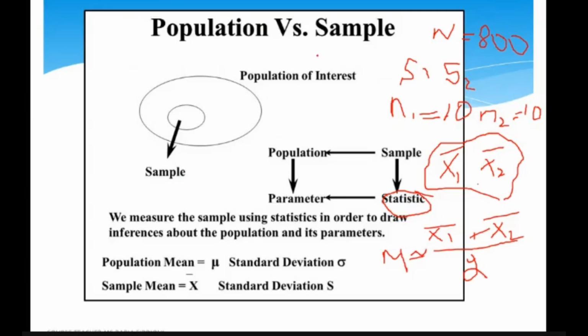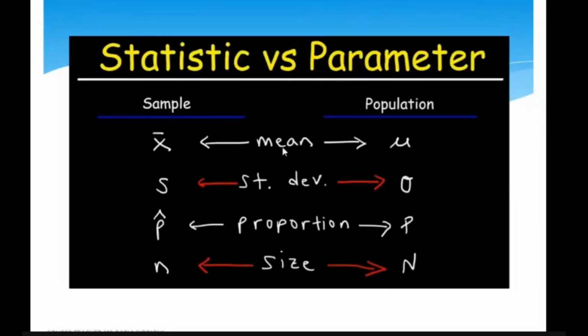So population is the complete set of data elements. The subset of the population is called a sample. The numerical value which defines the characteristic of a sample, or describes data numerically for a sample, is a statistic, and any numerical value that describes the population is a parameter. So that's the difference between statistic and parameter.